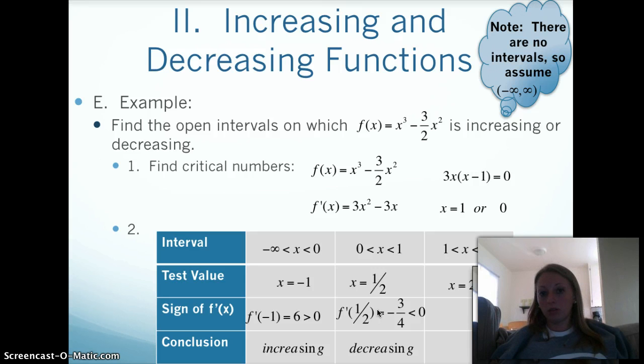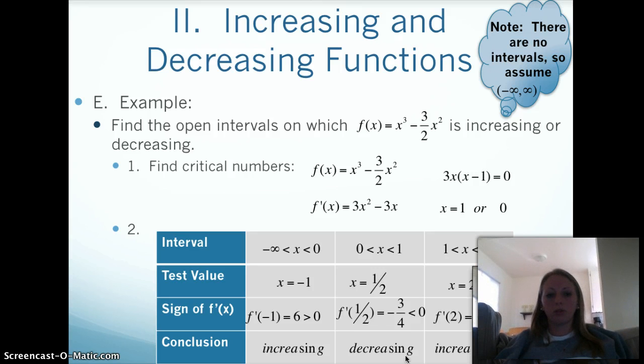And I picked 2. 2 squared is 4, 4 times 3 is 12, and 12 minus 6 is 6. So f prime of 2 is greater than 0, meaning your function is increasing.